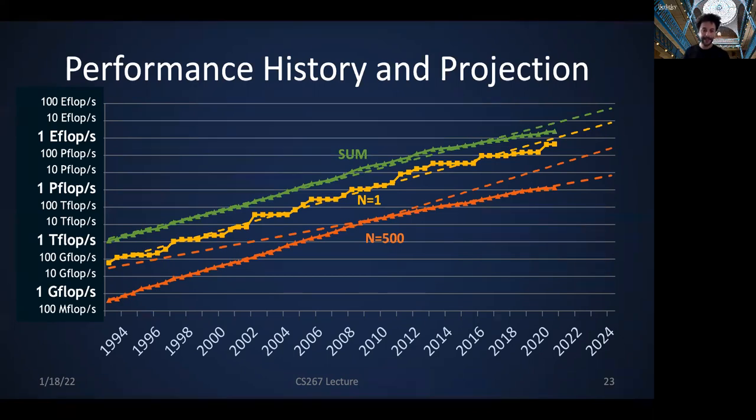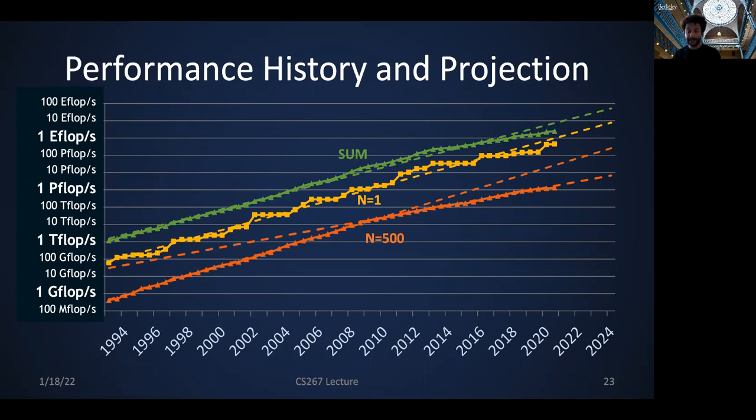By contrast, at around 2009, the machine at rank 500 started dropping from its trend and started going into a slower slope of increasing performance.